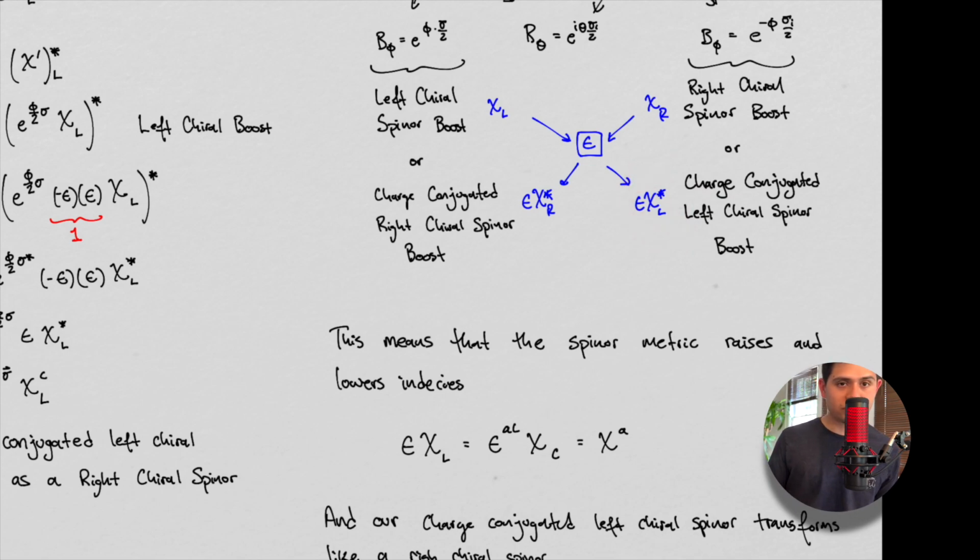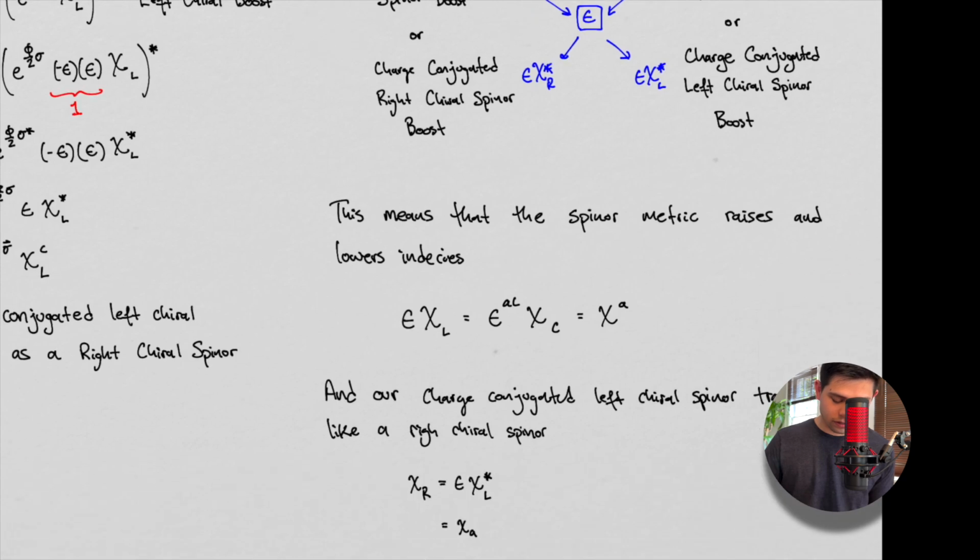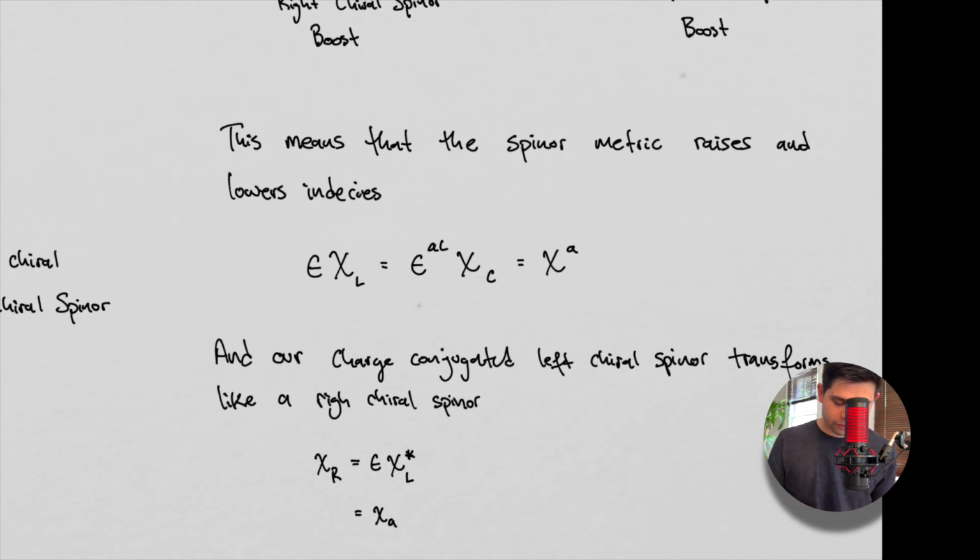They transform the same way, but they might be different. So that's that intermediate, right? So this guy here is superscript. This guy here is superscript without the dot. So this is where things are going to get interesting. So we're seeing that the spinor metric raises and lowers indices.